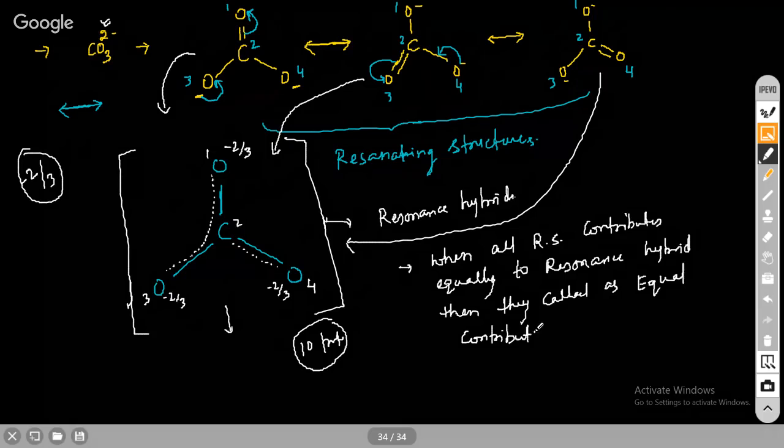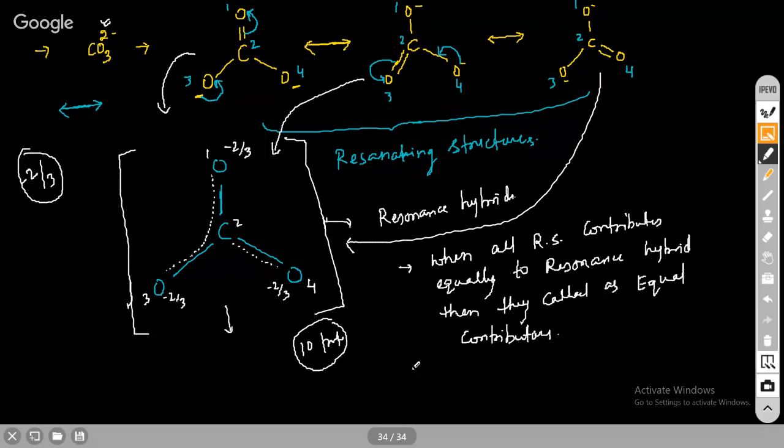Like the example I have taken just now, this is the case of equal contributors. All these resonating structures contribute equally. Whenever you have uniform distribution of pi electrons, they will be equal contributors.